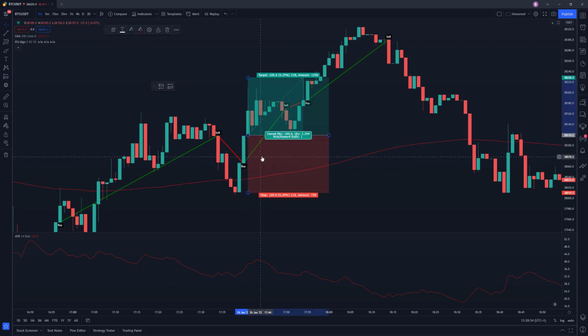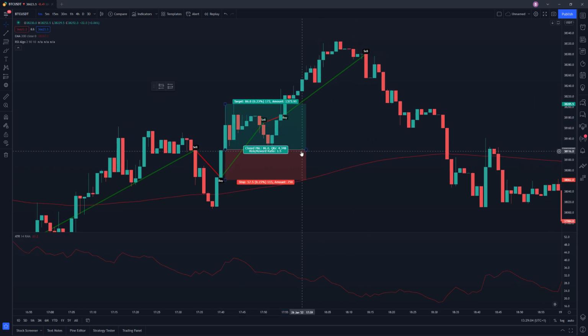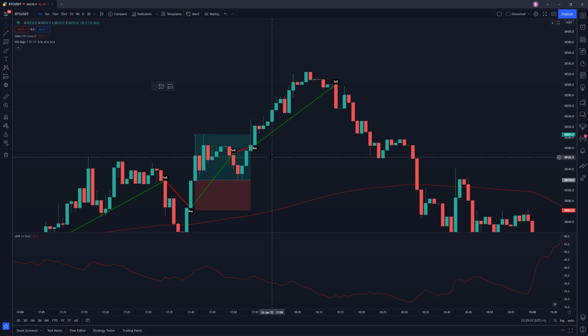Oh, it changed. Okay, 57, it's gonna be here, our stop loss, and our take profit is gonna be 1.5. So we will ignore the sell signals, just skip them completely when they are above the 200 EMA.